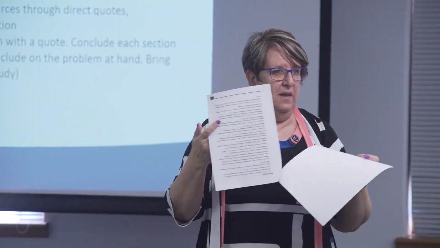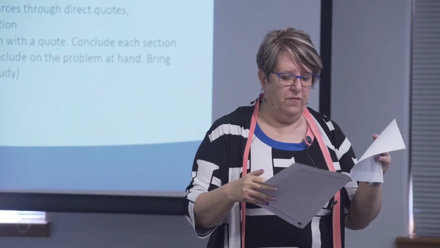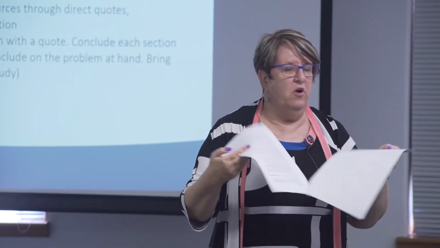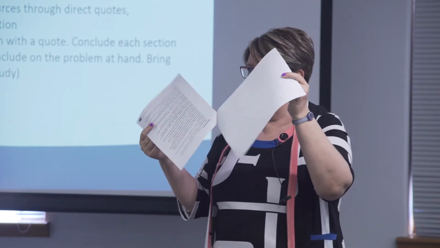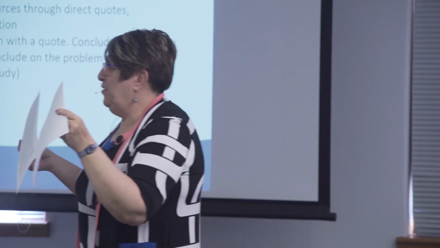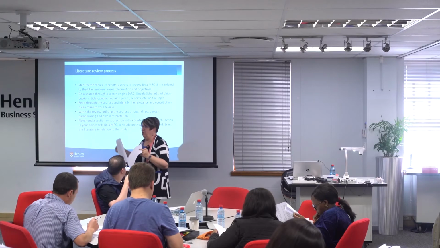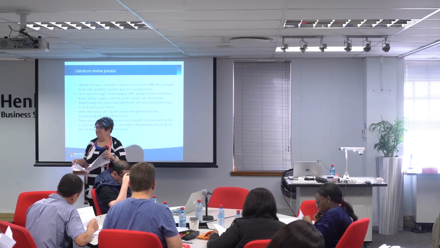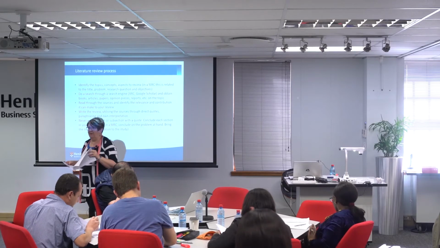I've also added a reference list at the end so you can see what the format is. It's not going to correlate with this chapter, because this is the literature review of a full study. So it's not going to be possible to cross-reference the whole thing, because it's 2 different aspects.